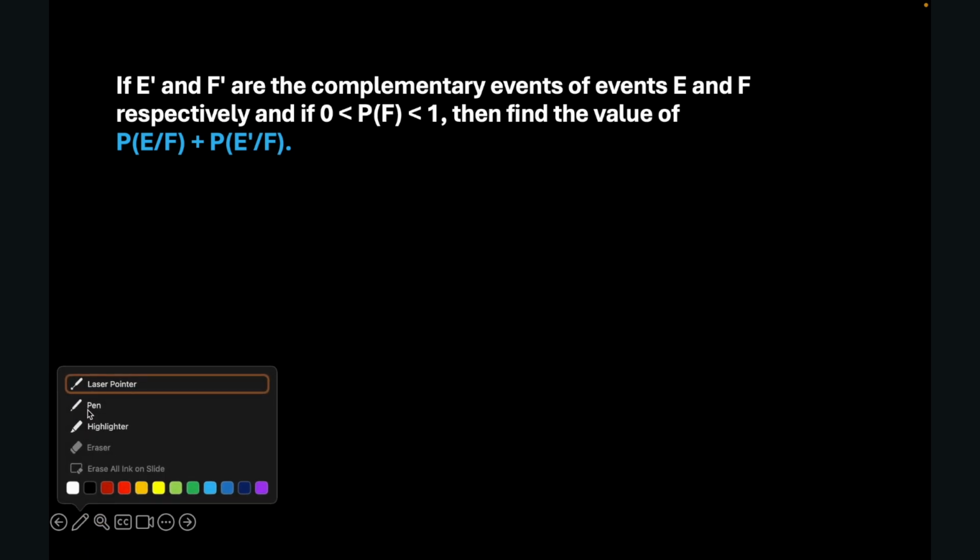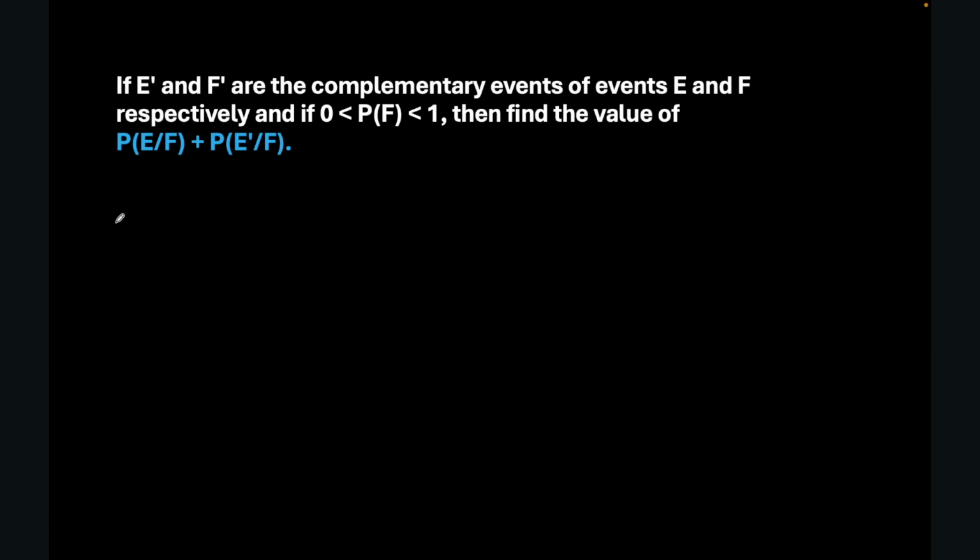So if you really think about it, the probability of E happening given F happens, plus the probability of E dash or E complement or E not happening given that F happens, it's actually just 1. It's just 1.